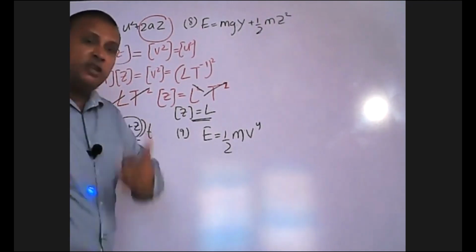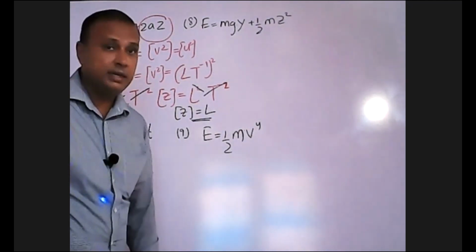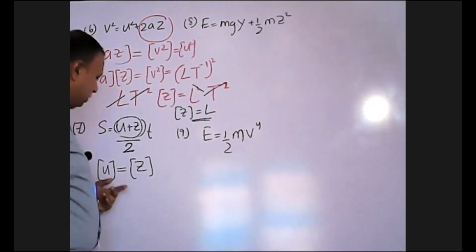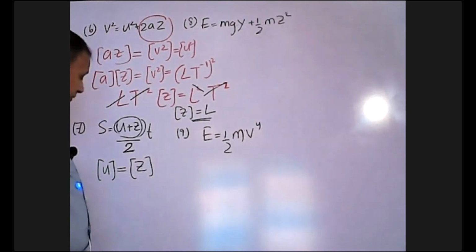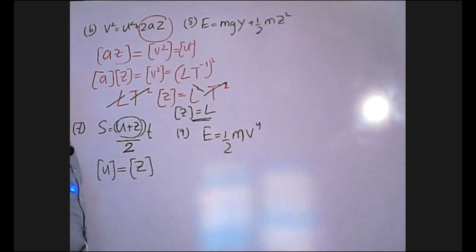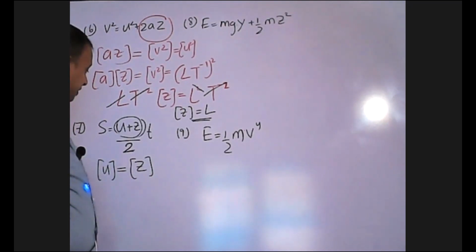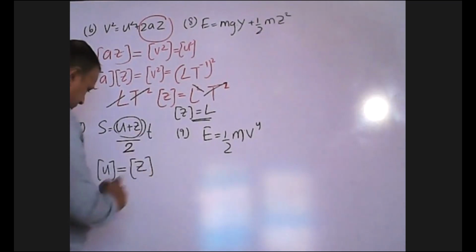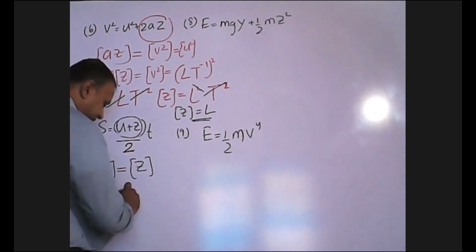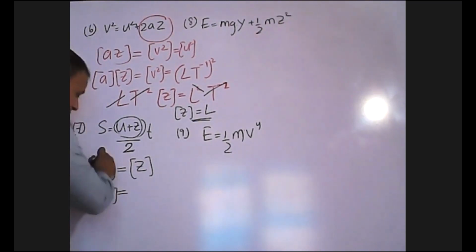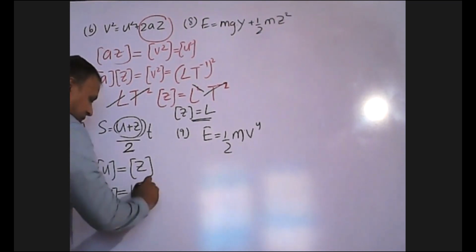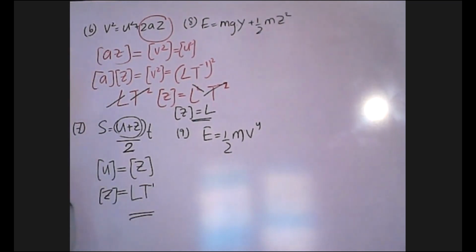Then it is very easy to understand the unit. So write under this one the argument: if there is an addition, the dimension of two physical quantities should be the same. Then I can write the dimension of Z is equal to the dimension of U, which is a velocity, so it is LT minus 1.